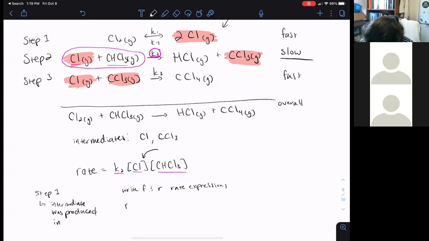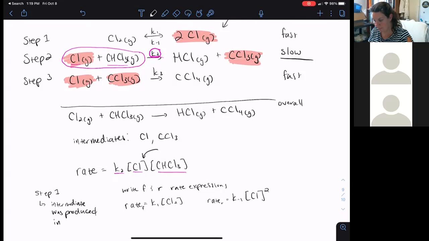So we have rate is equal to K1 Cl2, and that's for our forward step. Our reverse step is K minus 1 Cl squared. And remember, because these are elementary reactions, these are actually what is going on, so we can use stoichiometry when we're writing these.